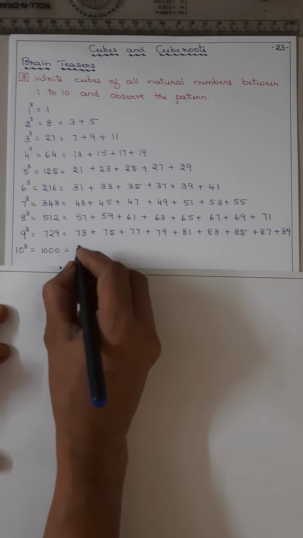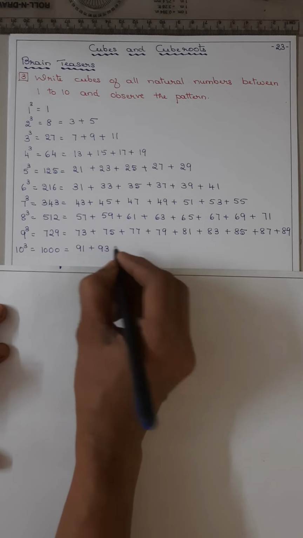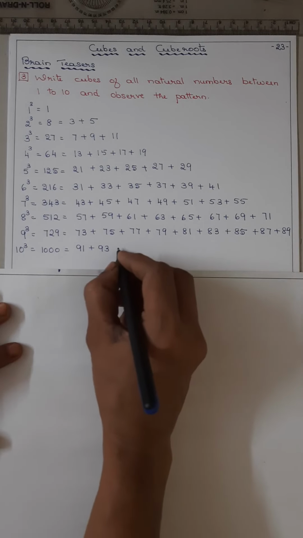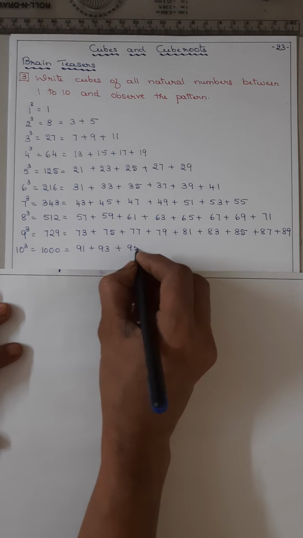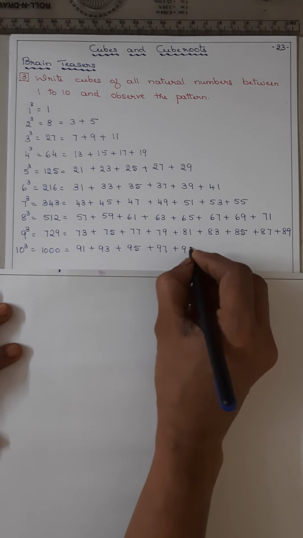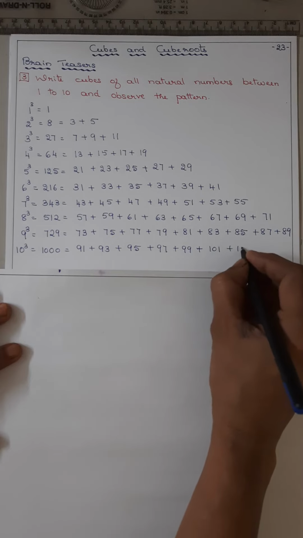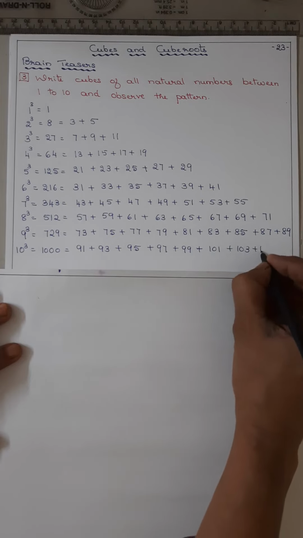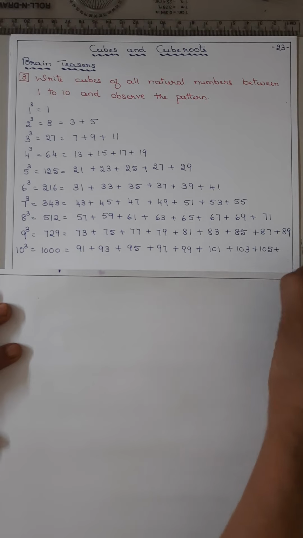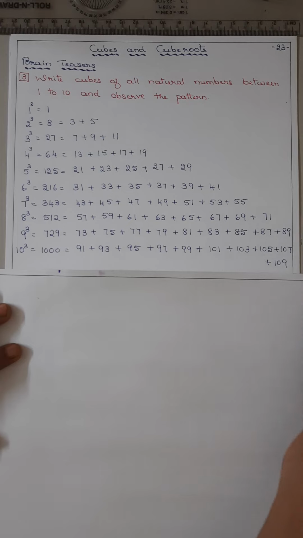After 89, we will write 10 odd numbers: 91, 93, 95, 97, 99, 101, 103, 105, 107 and 109.